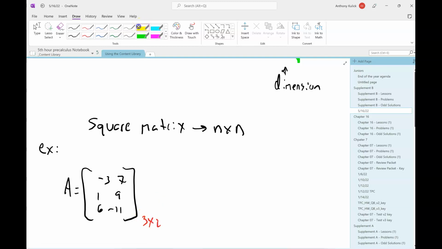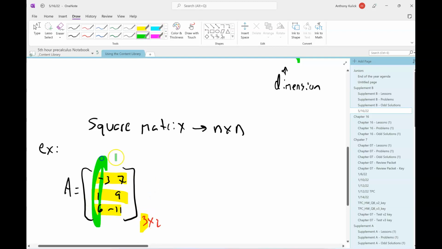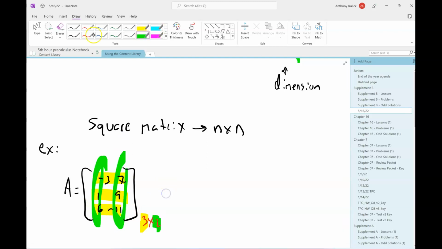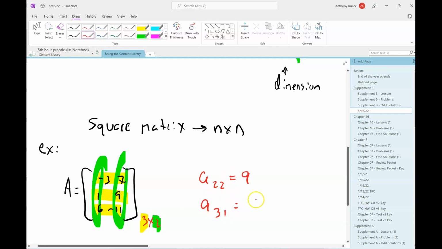Yep, because I have 1, 2, 3 rows, and I have 1, 2 columns. What is the entry A22 going to be? 9. Good job. And what is A31? 6. Great. Does everybody feel pretty comfortable with what we've done so far? Not much, right?